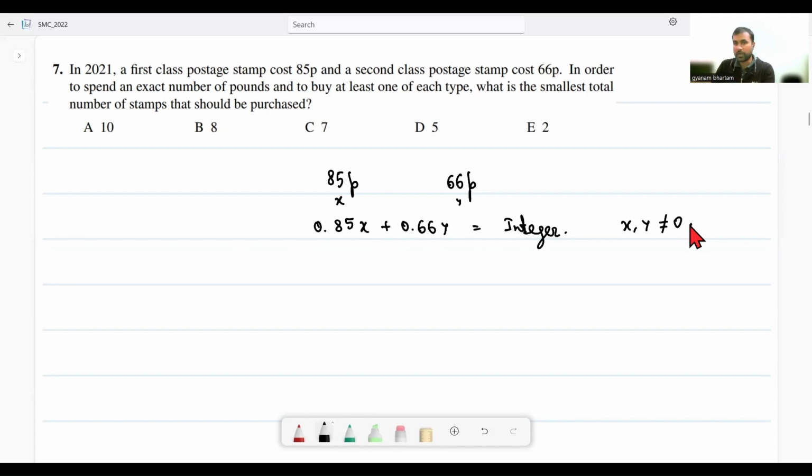Now if you go through the multiples, 5 means unit digit. The unit digit could be 0 or again 5, right? And 6 cannot give you 5 at the end, but it can give you 0. So if it can give 0, you have to find x plus y.